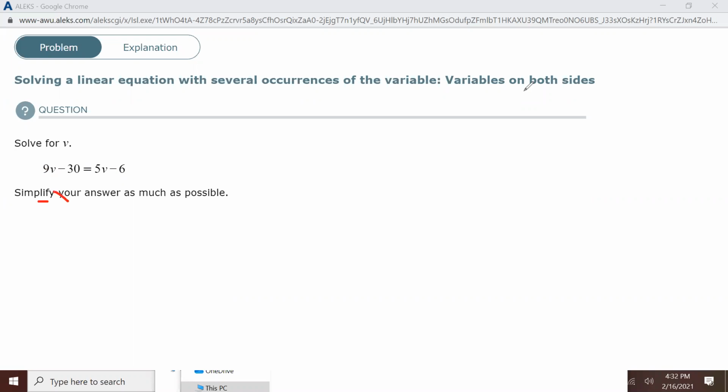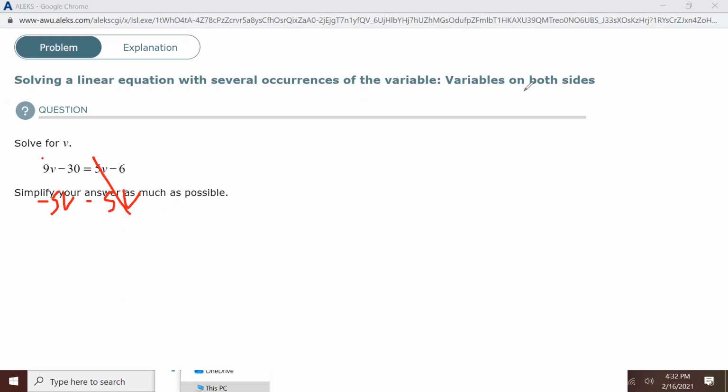So we can either subtract 9v from both sides, in which case the v's on the left side of the equation will disappear, or we can subtract 5v from both sides, in which case the v's on the right side of the equation will disappear. I'll do it that way. It doesn't matter which way I do it.